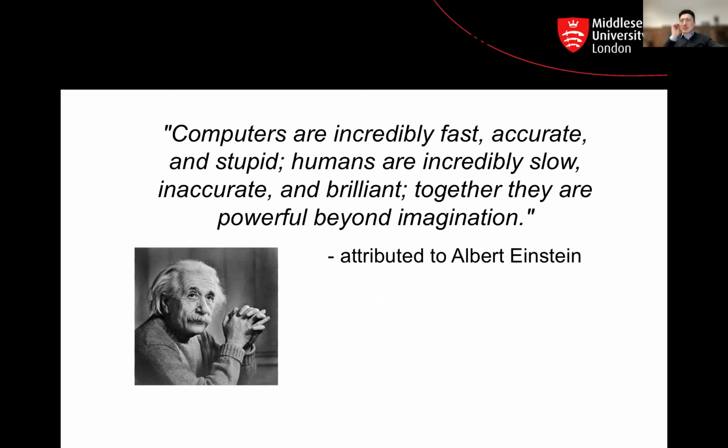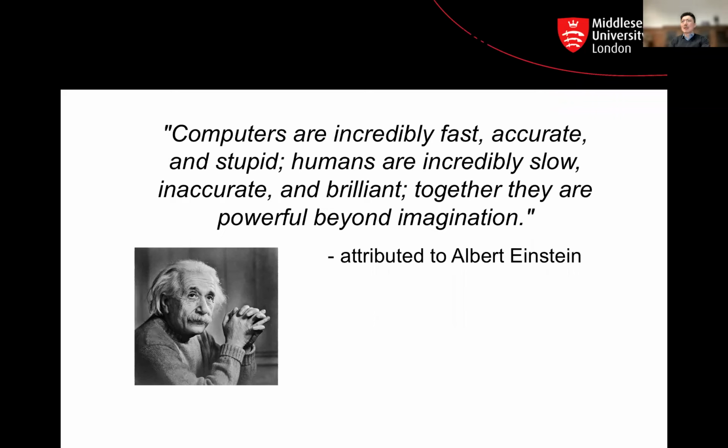And so this is one of the statements supposedly said by Einstein. He was saying the best way will be to combine computer and human together. And they both have their advantages, or strengths and weaknesses. The computers are fast and accurate, but they are stupid in the sense they don't really have their own thinking, they don't have creativity, and so on and so forth.